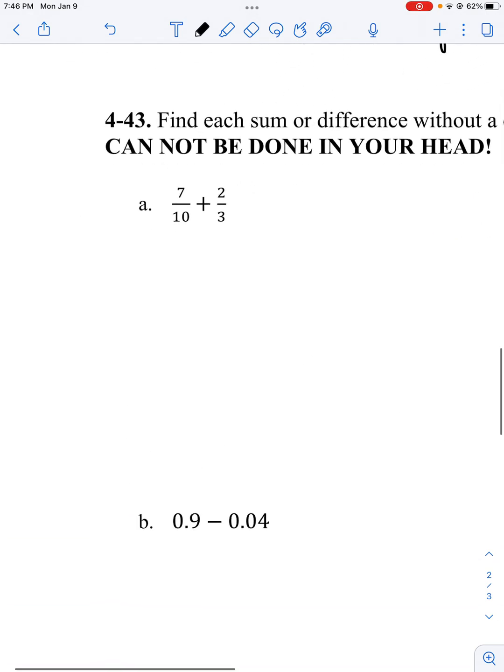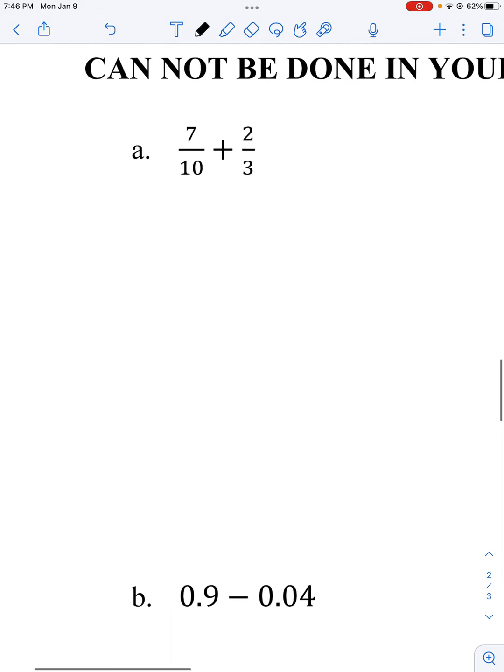Moving to problem 43, I have 7/10 plus 2/3. I am going to find a common denominator. So 10, 20, 30, 40, 50.